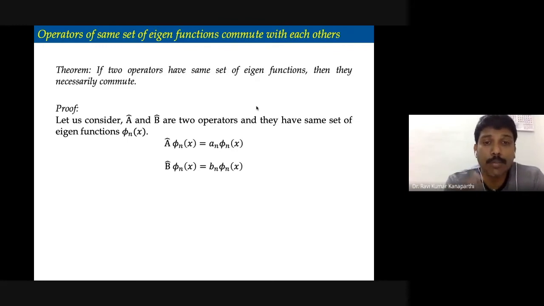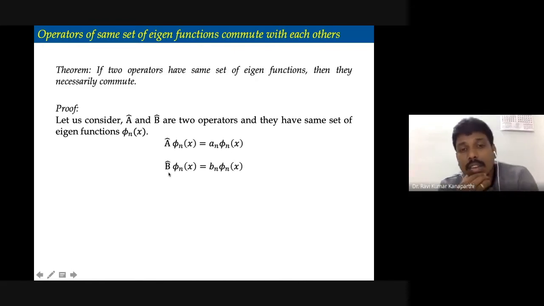For the proof, let us consider A and B as the two operators, and they have the same set of eigenfunctions of the form phi n of x. Suppose the operator A operates upon the eigenfunction phi n of x, we get the eigenvalue an multiplied by phi n of x.